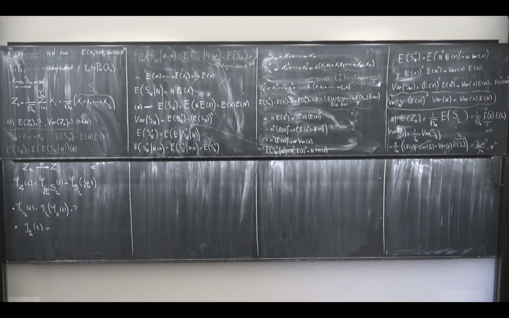Of course, you need to justify that, but let us save time because these are standard calculations and we have done them a lot during the exercise sessions. If you do the calculations explicitly, it will give you e to the power lambda, but in this case it should be lambda n, and then t minus 1.